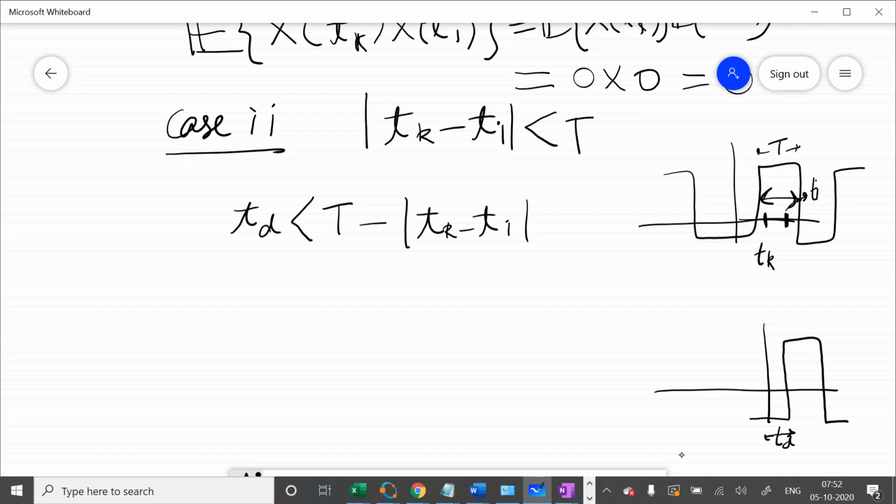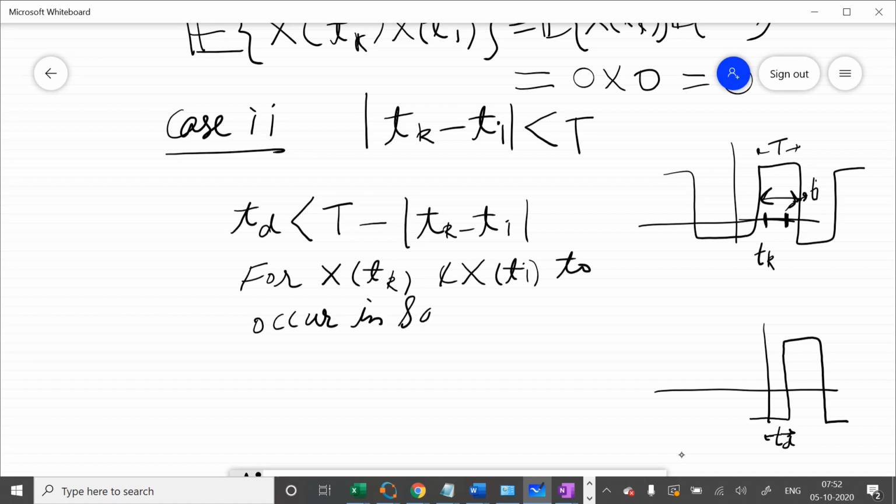Why does it have to satisfy this condition? So that x of tk and x of ti occur in the same pulse. Okay, let me take an example here.